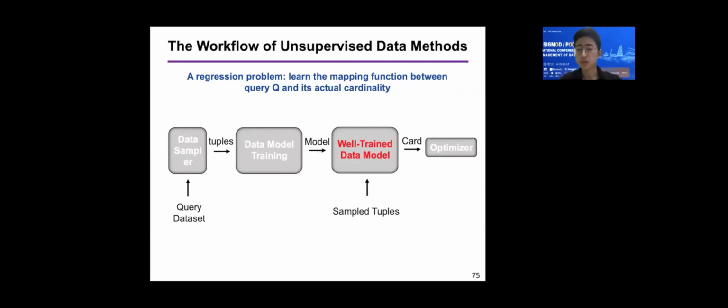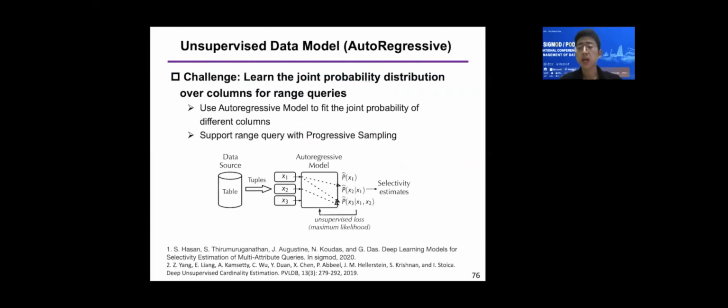Then they input the data tuples into the data model to learn the joint distributions. Finally, they sum up the cumulative densities of all the selected samples as the estimated cardinality, like the second class, right?